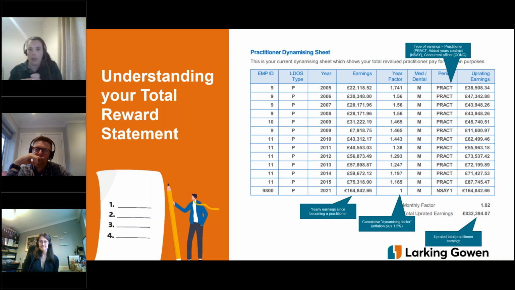They work out that pension, they work out the practitioner pension, and they add the two together. Which one is right is probably more complicated in theory. It will be reviewed every year. It's not all or nothing. They will review the figures year in, year out to see which is the best method for you.